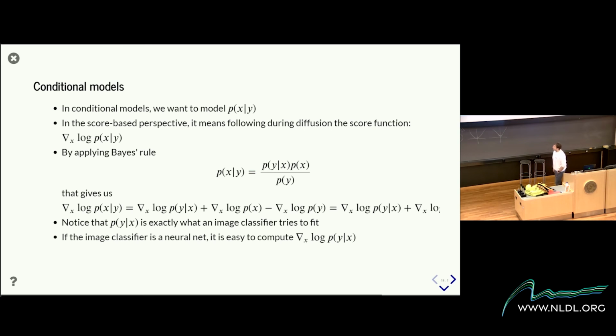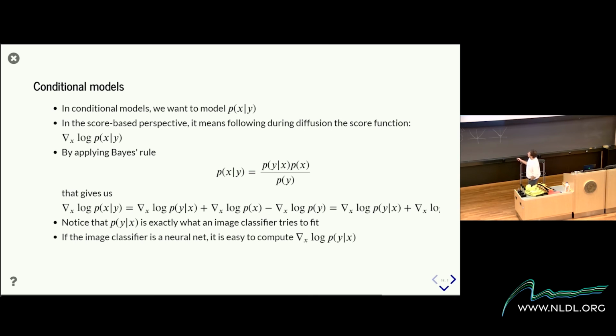Okay, so let's look at this equation, which is given by the Bayes rule. The posterior distribution of x given y is equal to the posterior distribution of y given x times p of x divided by p of y. Now, if we apply the logarithm, because here we have a logarithm, and we take the gradient with respect to x, we get this equation.